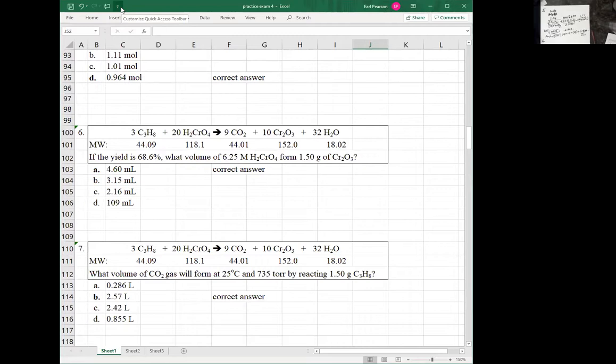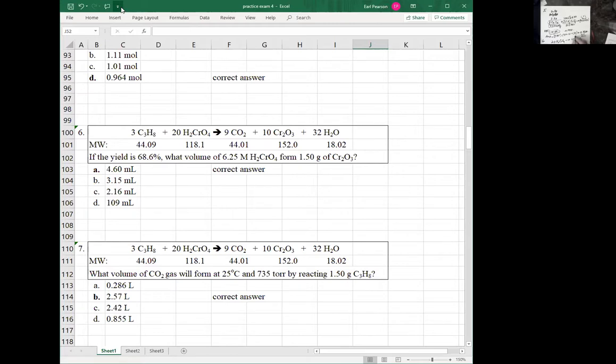Okay, so what volume of 6.25 molar of chromic acid will form 1.5 grams of the chromium-3 oxide? So I've got the two things involved in the reaction are the chromic acid and the chromium-3 oxide.